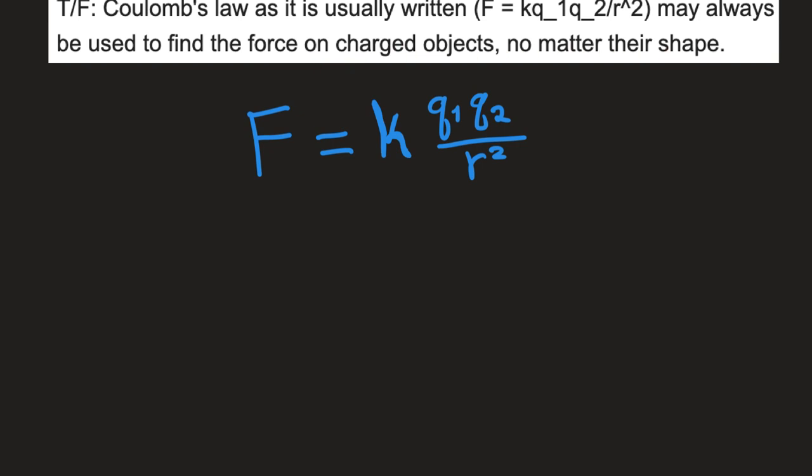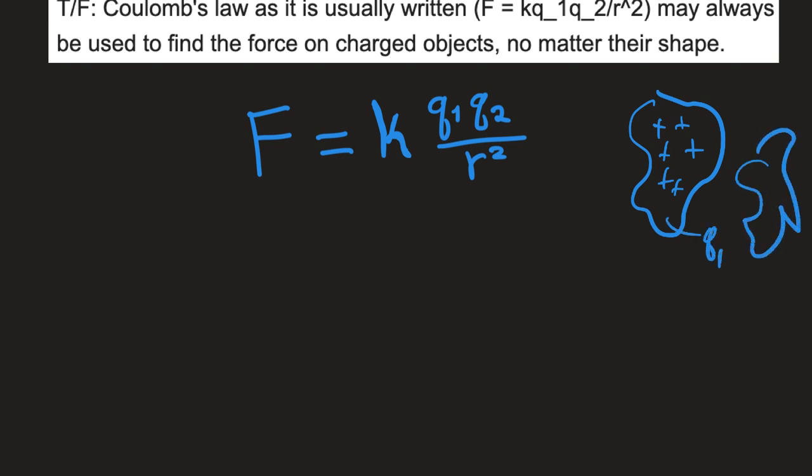So basically this is saying, if we have one charged object with a bunch of charge all around it, and the overall charge on this thing is Q1, and then we have some other object over here, and its charge is Q2, then if we wanted to know what the force was between these two, we could use this equation, right? So true or false, can we do that?